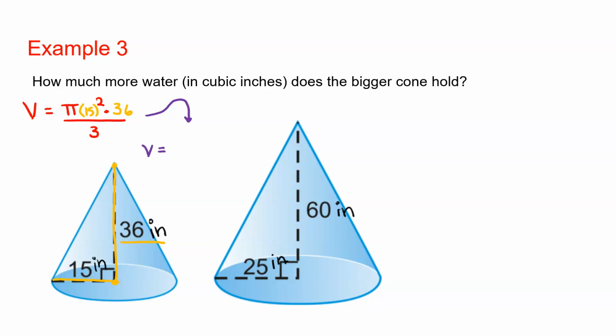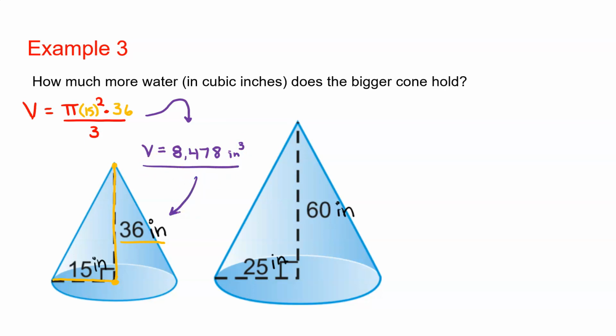Then I multiply it by pi, 3.14. I get 25,434, and then I divide that by 3. And I get a volume of 8,478 cubic inches.